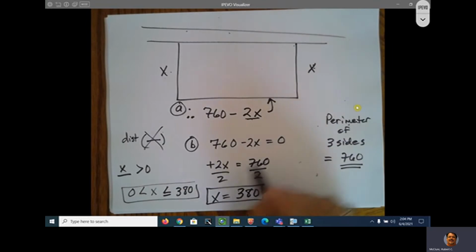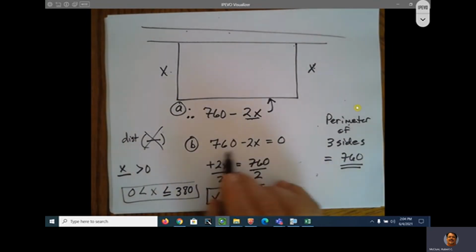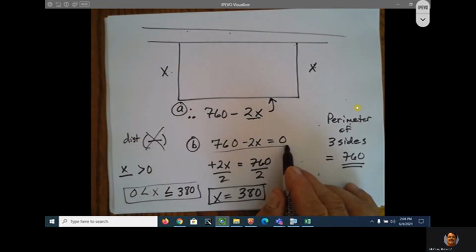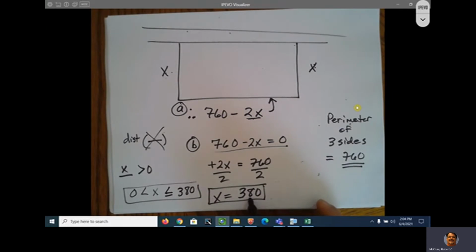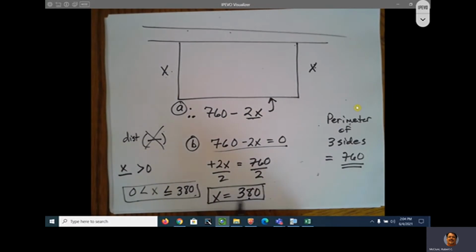So you have to be above 0, so you set it equal to 0. And the numbers that are above that are from 0 to 380. Not inclusive of 0 because 0 feet doesn't work. It has to be above 0. So that's B.